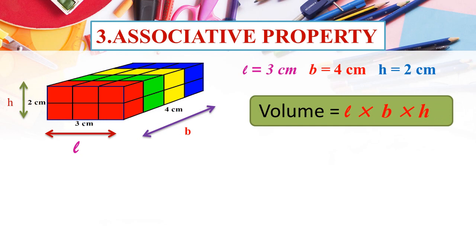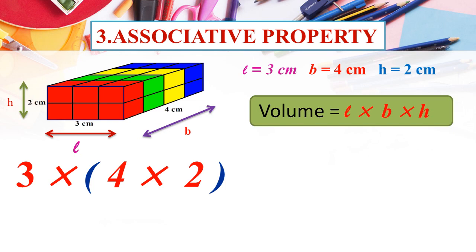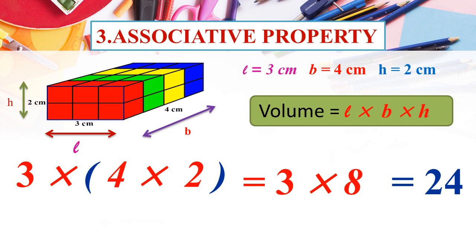Now, we need to multiply 3, 4 and 2. Here, we find the value in 2 ways. First, we multiply 4 and 2 and then multiply by 3. Therefore, 3 into 8 equal to 24.